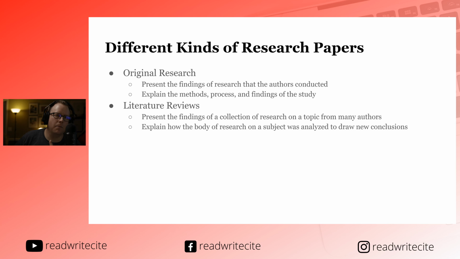That term is going to come up again, and we're going to use it in more than one way. But this kind of paper presents findings on a collection of research on a topic from many authors. And it's going to explain how the body of research, how all the different sources, when you look at them together, what they say about the subject when it's been analyzed to draw new conclusions.